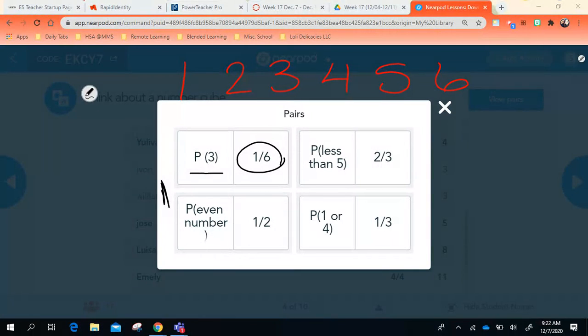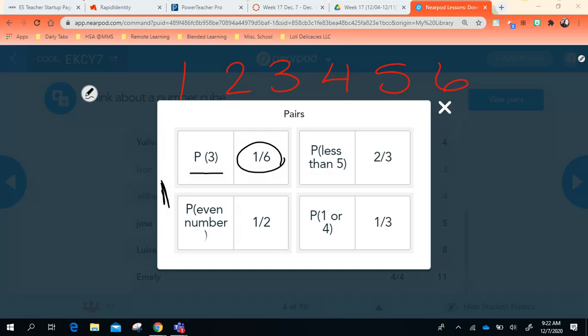Remember that P in front of the parentheses means probability of. And we've been going over this. You guys even did your test last week. So this should not be new to you. The probability of rolling less than a 5. Which numbers are less than 5?